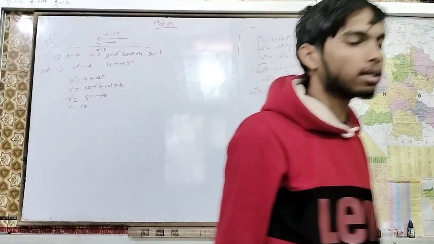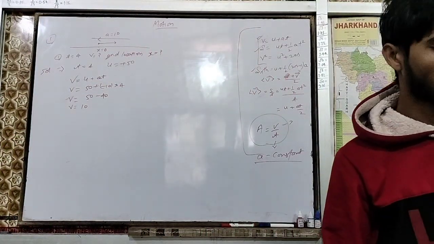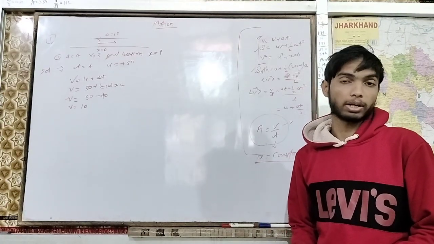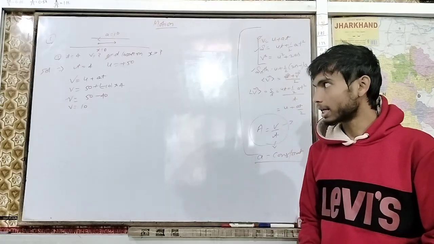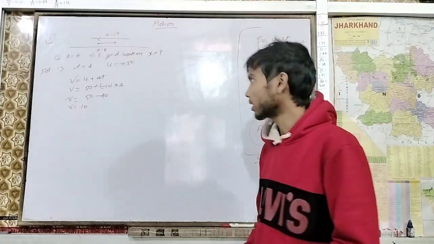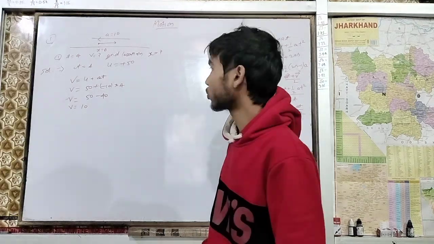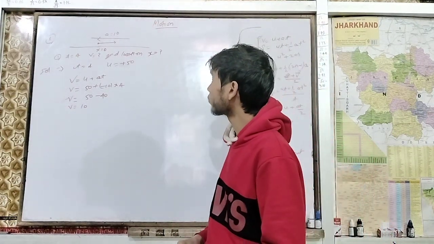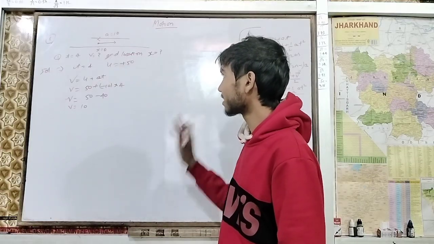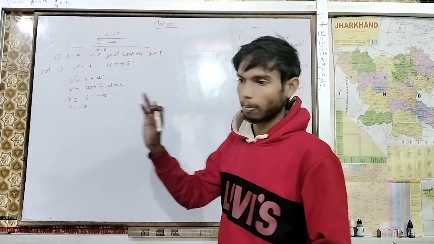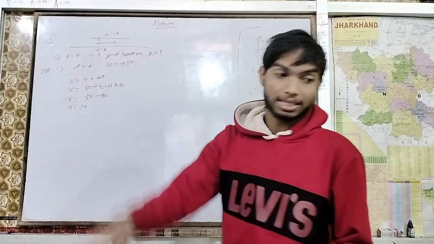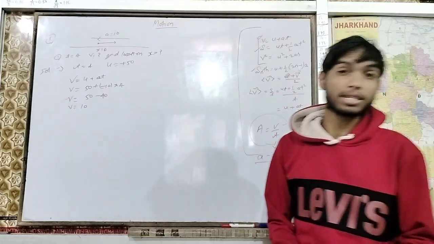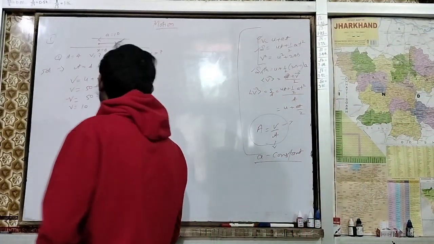V is the final position of the particle, where the particle stopped. So that is at 10. Our initial position of the particle was 50 meter. So of course the distance is decreasing, because the acceleration is negative.